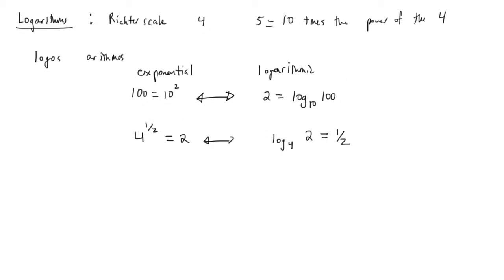So the parts here that match up: this part here is the base, and over here it's also the base. Then on this side, the thing that you take the logarithm of becomes the answer over here, and the answer on the other side becomes the thing that goes inside the exponent. So essentially what we're doing here is reversing the role of the exponent and the answer, and that's what the logarithm function does.